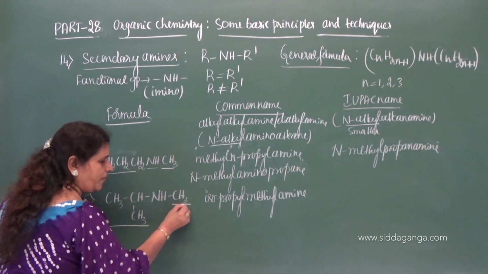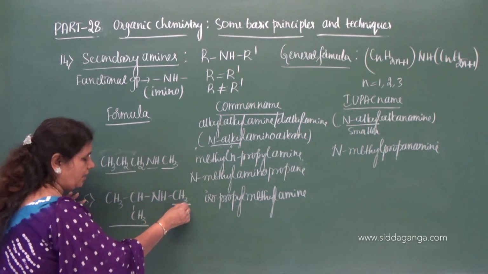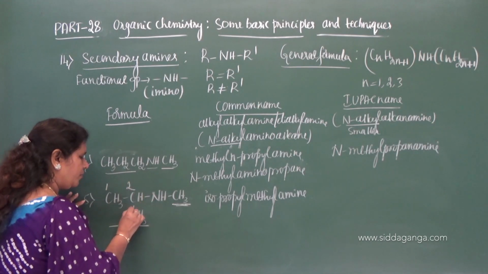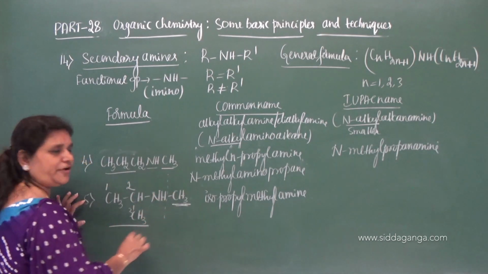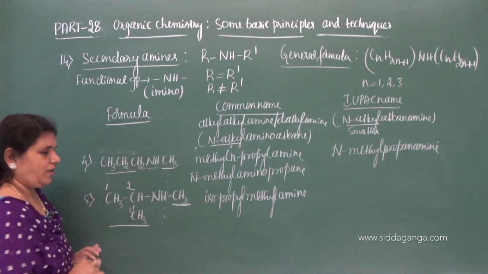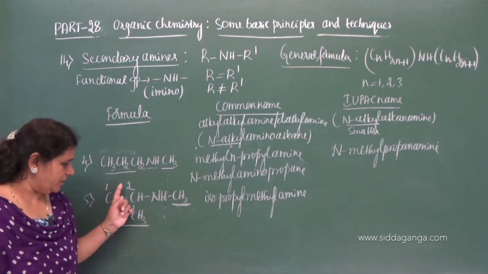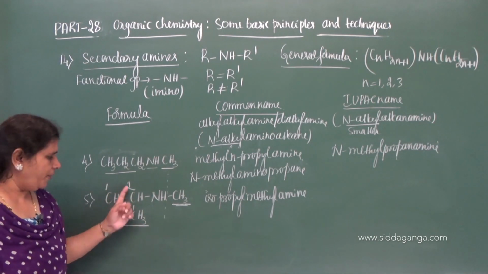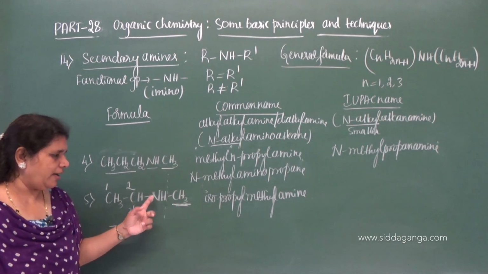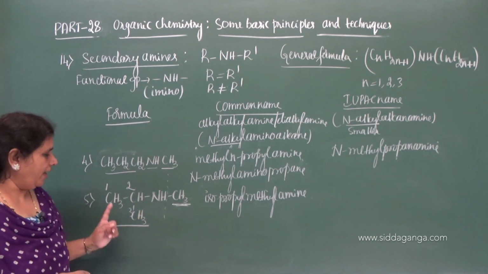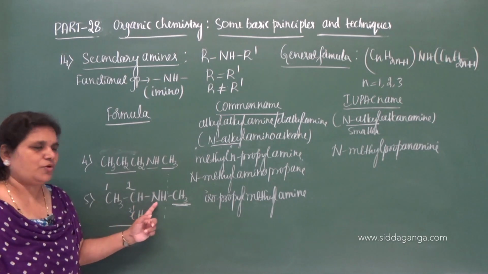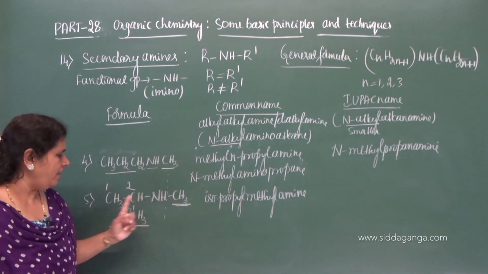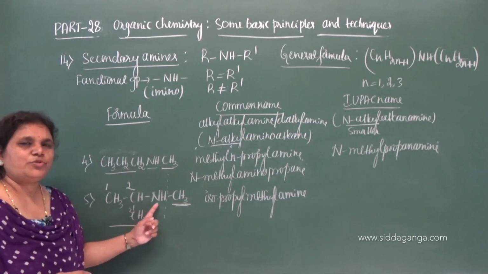Smaller alkyl group is methyl, N-methyl, 1, 2, 3. And this becomes a root word now. We need to select the longest chain here. So this is the longest chain, propane, and on the second carbon we have amino group, and hence it is propane 2-amine. N-methyl propane 2-amine.